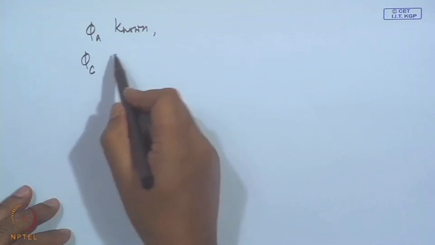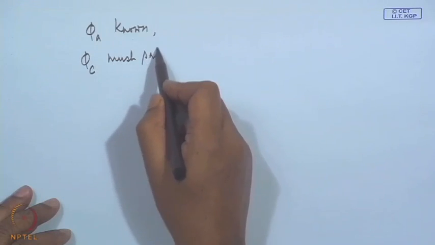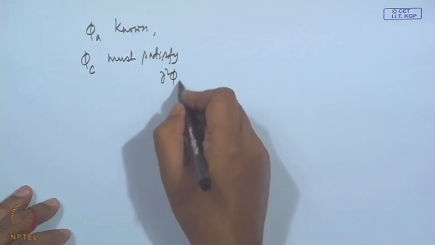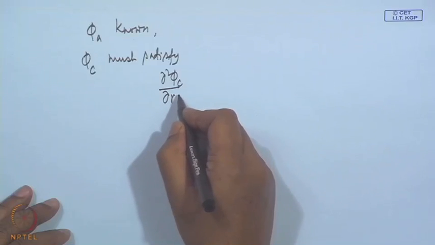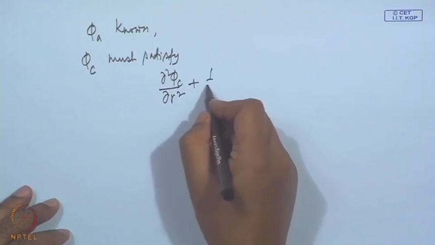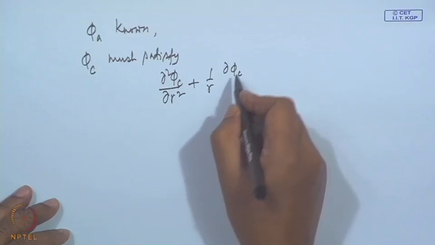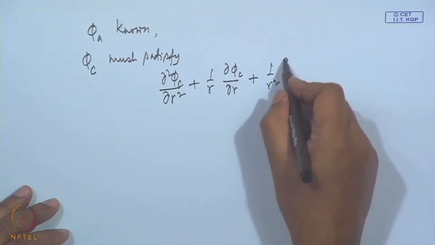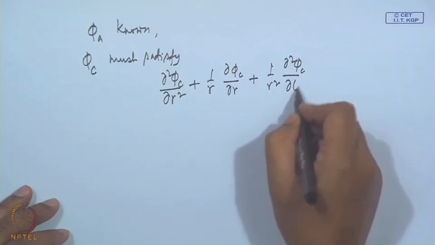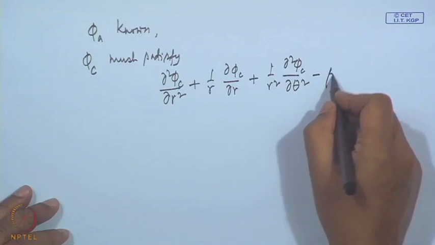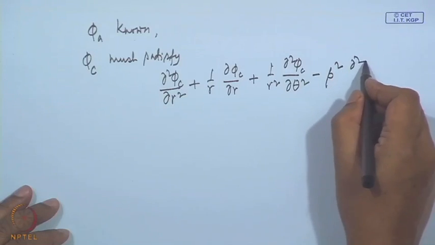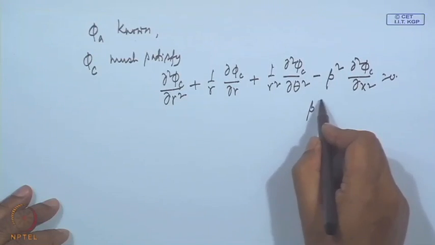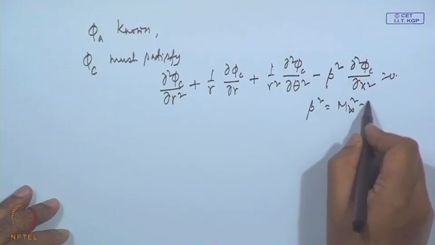Now, phi c must satisfy the cross flow equation, the full equation: d2 phi c by d r squared plus 1 by r d phi c by d r plus 1 by r squared d2 phi c by d theta squared minus beta squared d2 phi c by d x squared equal to 0, where beta squared is m infinity squared minus 1.